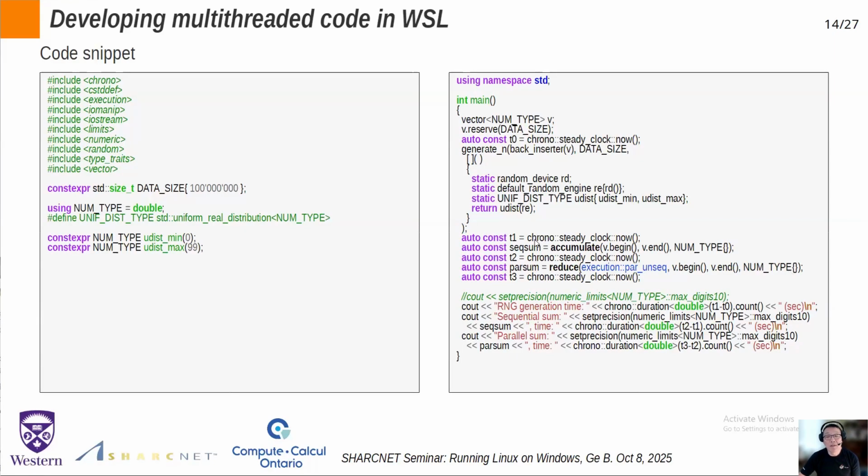And then we call the function chrono, or the timer, to time the execution time. We set variables T1 and T2. These two are two ticks. And then T3, and then we subtract to get the duration for both the sequential and the parallel execution time.